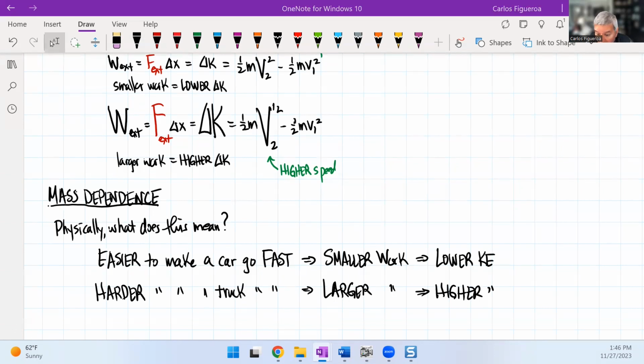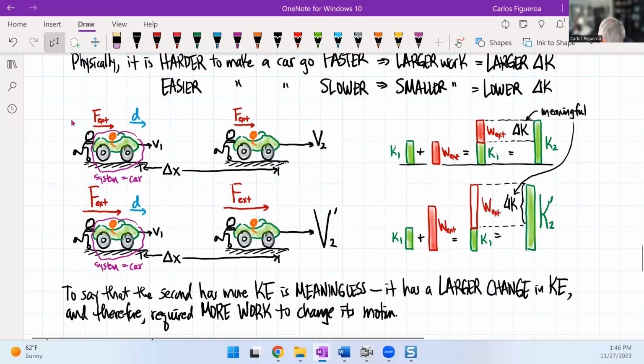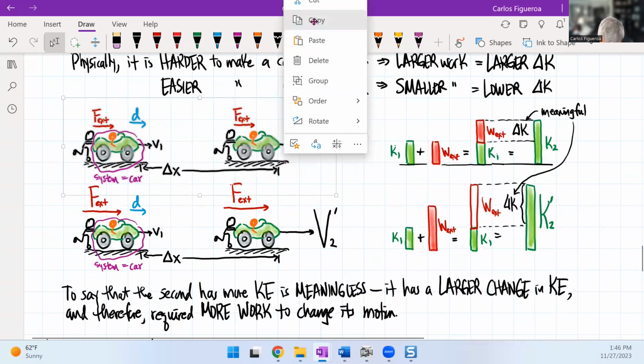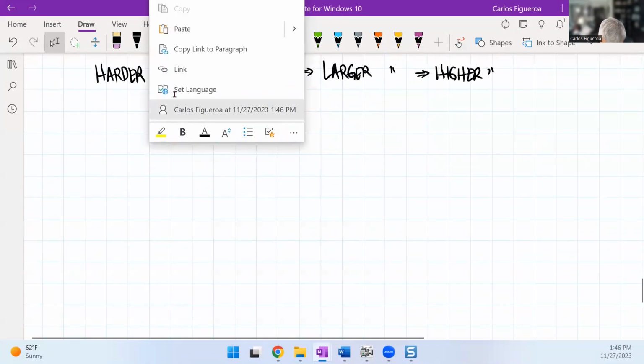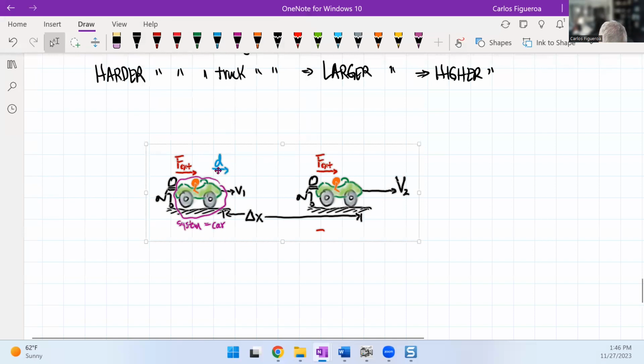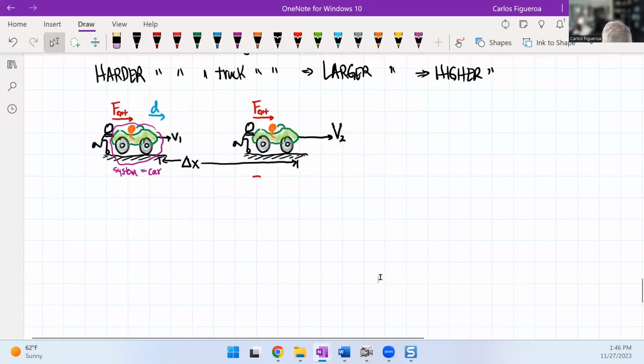So physics-wise, how do we see this here? Well, let me go back and steal from this picture right here again. And just say that we have this scenario as before. So I'm going to focus on the car. And so we've already analyzed this situation.